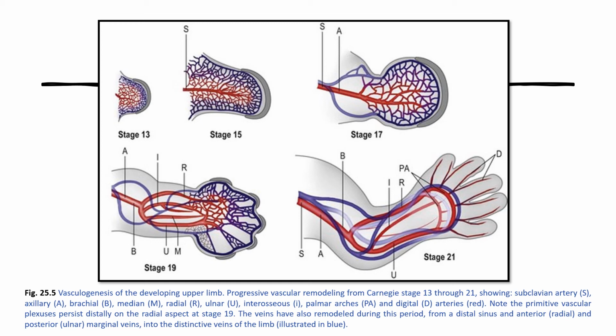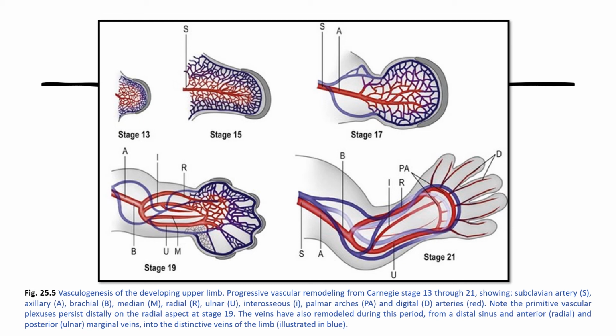Diba, endothelial cells, they are like the stem cells which produce a different type of cell to be able to become functional. Okay, so ito yung mga endothelial cells na to, sila yung parang stem cells on the vasculogenesis to be able to form new cells to form new nerves.